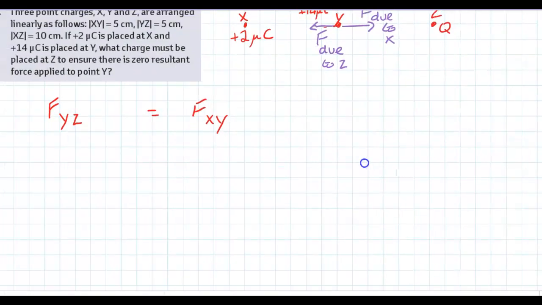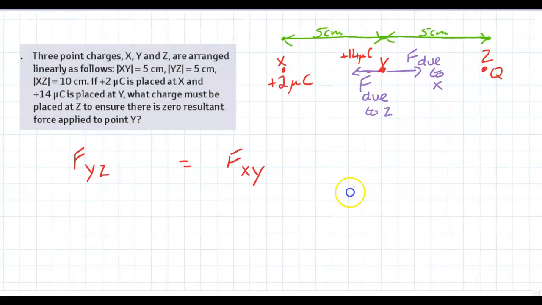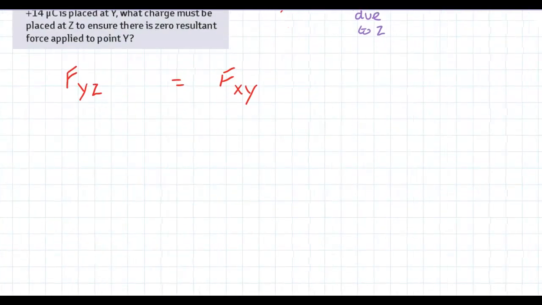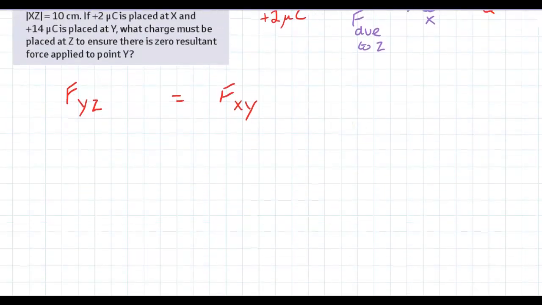Where we're going to start with this is that the size of both forces is going to be the same. So the force between Y and Z is going to be the same as the force between X and Y. We're using Coulomb's law twice here, basically. The force between Y and Z: we don't know what Z is, so all we can do is put in what Y is.